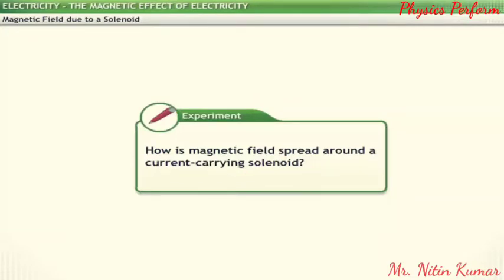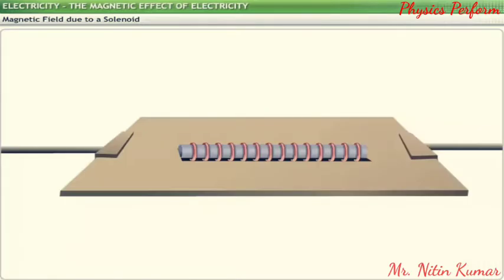To analyze the magnetic field and field lines due to a current-carrying solenoid, here is an experiment. In this experiment, we fix a solenoid in a slit in a cardboard. We connect this solenoid to a battery and a key.